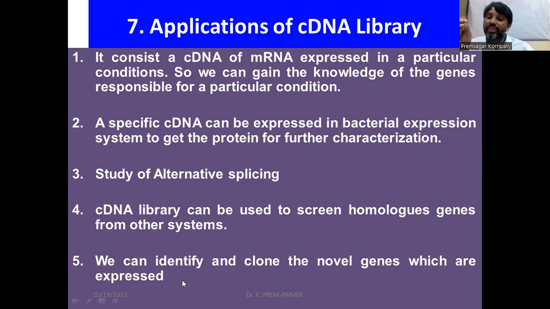Under every situation, there are certain genes which are highly upregulated, some moderately upregulated, and some poorly upregulated. Some novel genes are upregulated. So when you convert them to cDNA and clone them, there is a possibility to get novel genes expressed under a particular condition. So these are the applications of cDNA library.